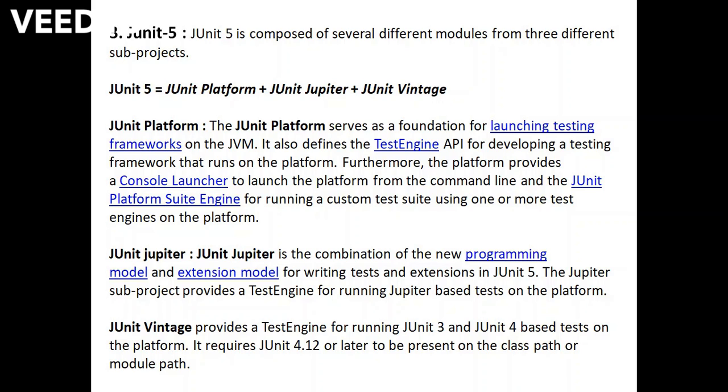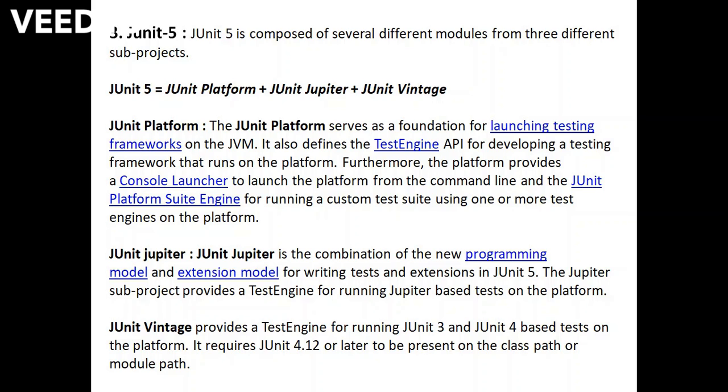And JUnit Vintage, it's a test engine. So suppose in your existing applications, okay, you have used JUnit 3 and JUnit 4 test cases. Okay, so at that time the JUnit Vintage jar comes into the picture to run your old test cases. But there are some limitations.